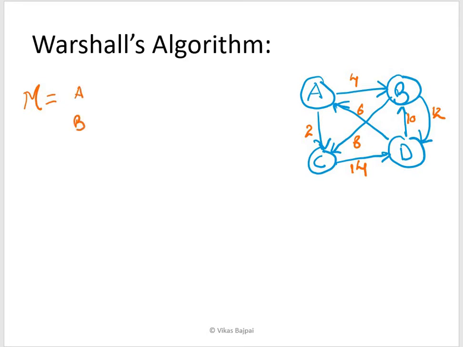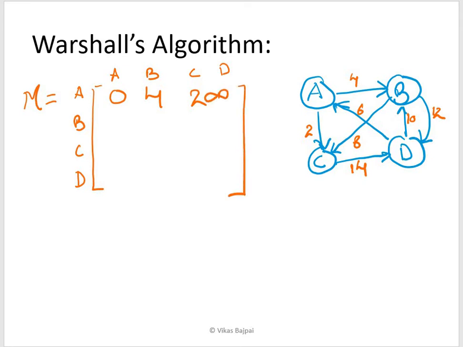We have A, B, C and D, then we have A, B, C and D on this end. For A to A, it will be 0. Similarly, A to B we have 4. For A to C we have 2. For A to D we don't have a direct edge, so in that case I'll enter infinity.